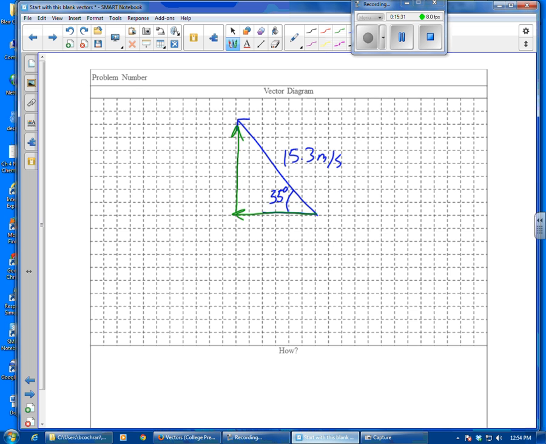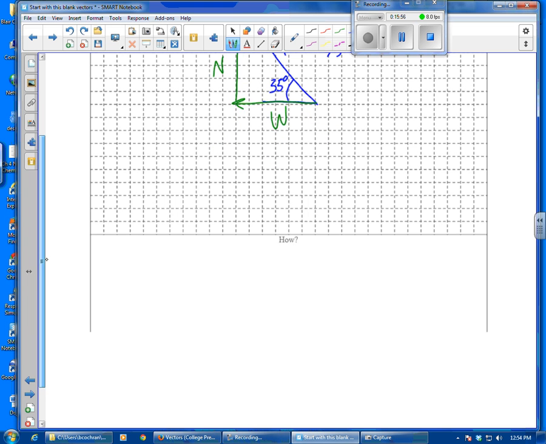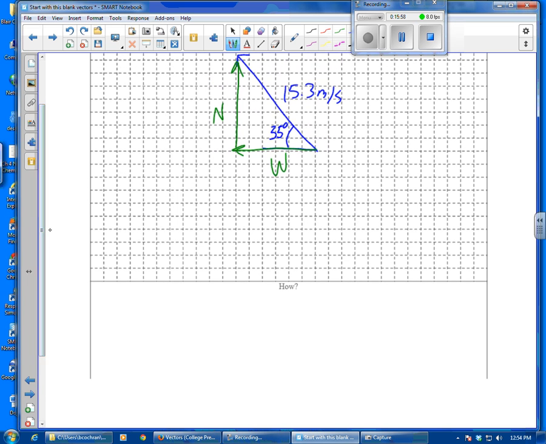All right. So I need to find the horizontal component and the vertical component. I'm going to call the vertical one north because it points in the north, and the other one west because it points in the west. And so I look and I say, I know the hypotenuse, I know the angle. I want to know the opposite side and the adjacent side. So, to find the opposite side, I'm going to use SOHCAHTOA.